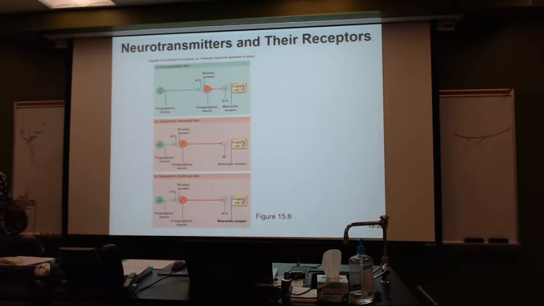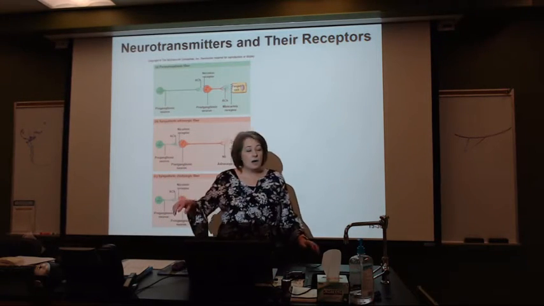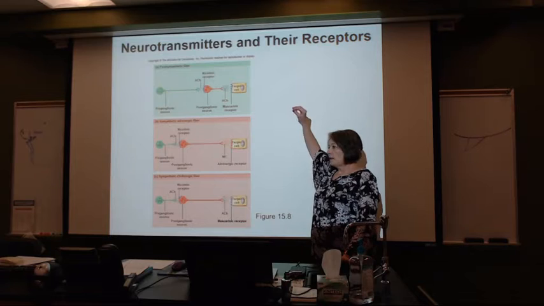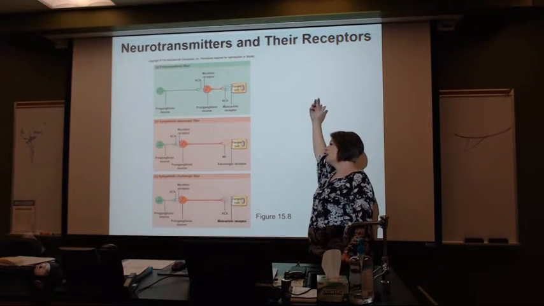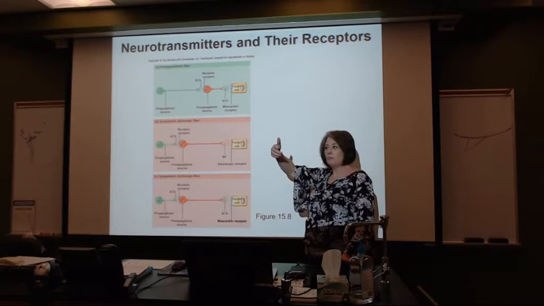So if we look at these receptors, if we look at the neurotransmitters, parasympathetic does its one thing. All right? Parasympathetic wants to calm the heart. It wants to calm the lungs. It wants to calm the blood pressure.